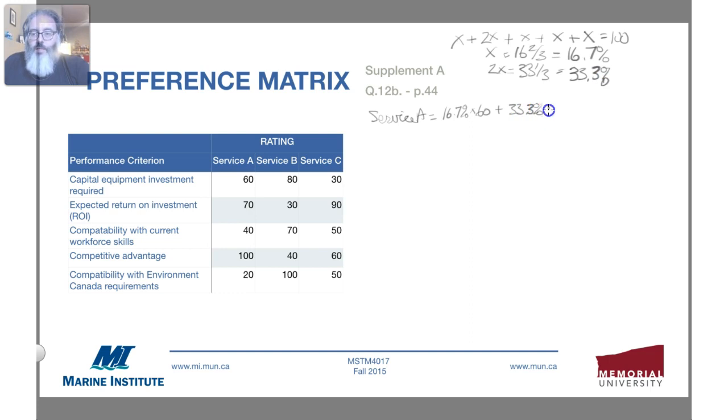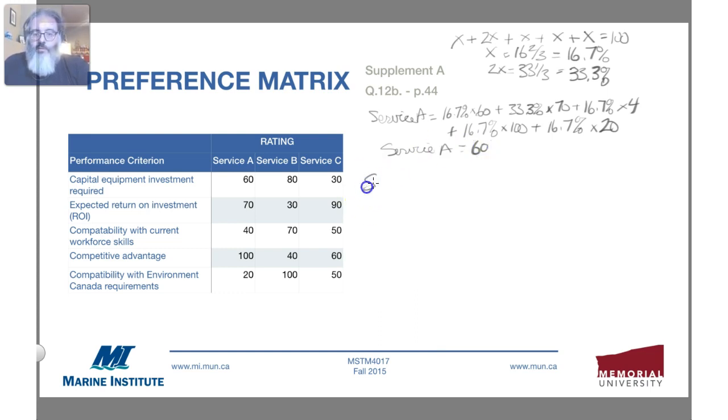And then that's times 70, plus 16.7% times 40, plus 16.7% times 100, plus 16.7% times 20. So you put that all in your calculator, and the score for service A is going to be equal to 60.